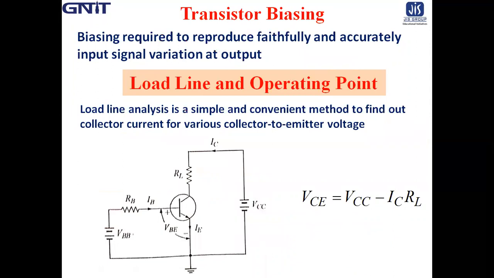The first question that naturally comes to our mind is why biasing is required. Biasing of a bipolar junction transistor is required to reproduce faithfully and accurately the input signal variation at the output.